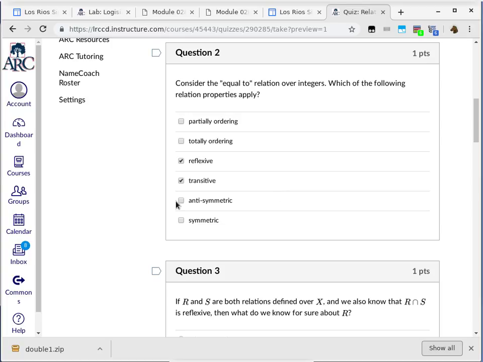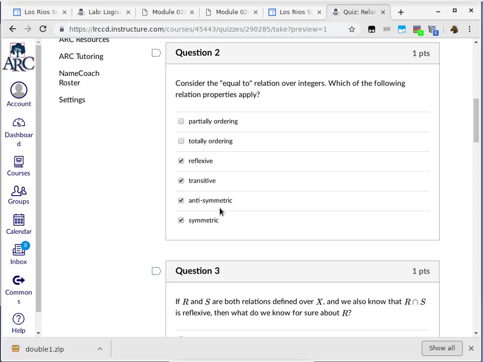So yes, it is anti-symmetric. And the last one: is it symmetric? In other words, A equals B if and only if B equals A. Does that apply to every single way you can pick A and B from the set of integers? Yes. So it is also symmetric.